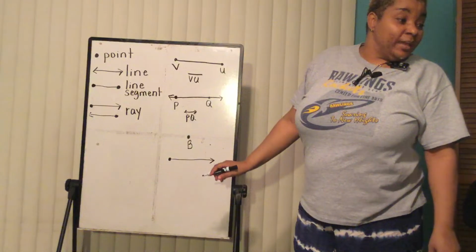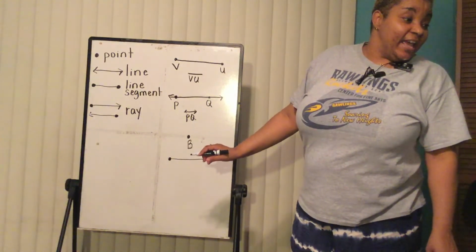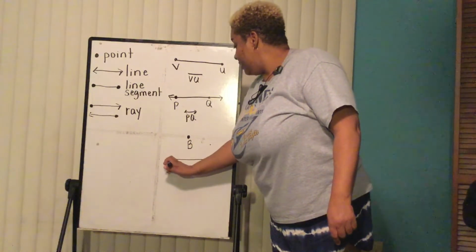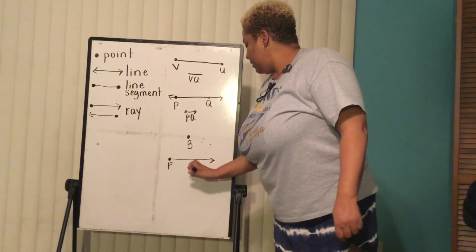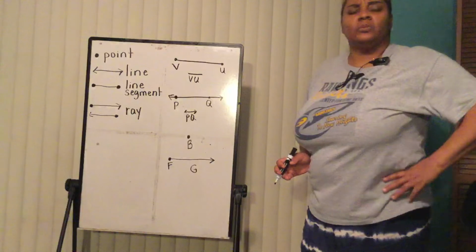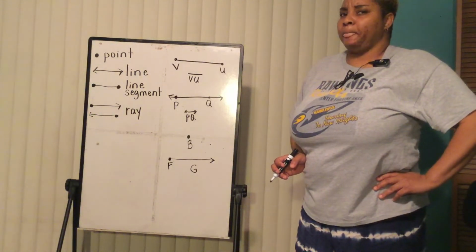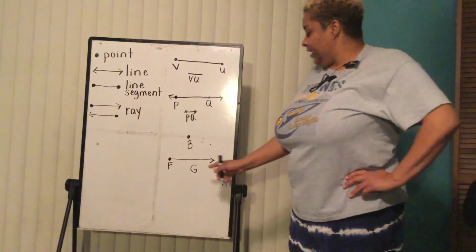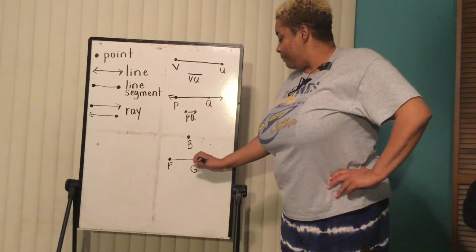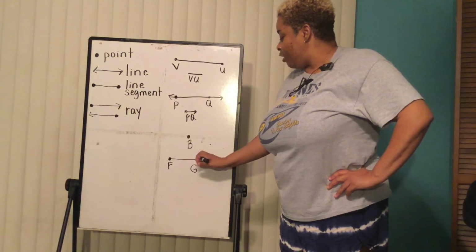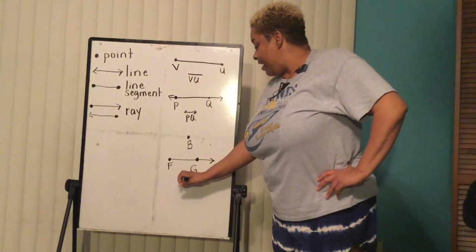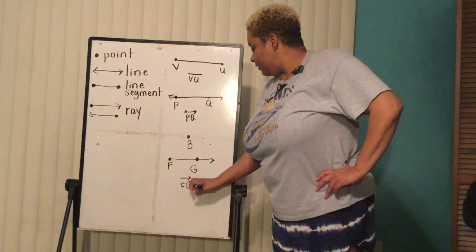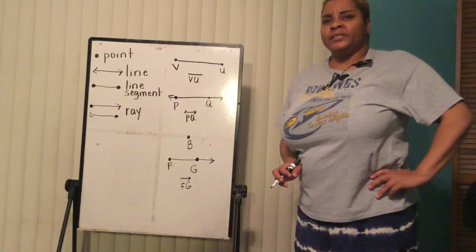So I'm going to label this ray as ray F G. Something's wrong. If you're thinking that I didn't put my point right there to label my G, you are correct. So now I have ray FG. Starting to make a little bit of sense.